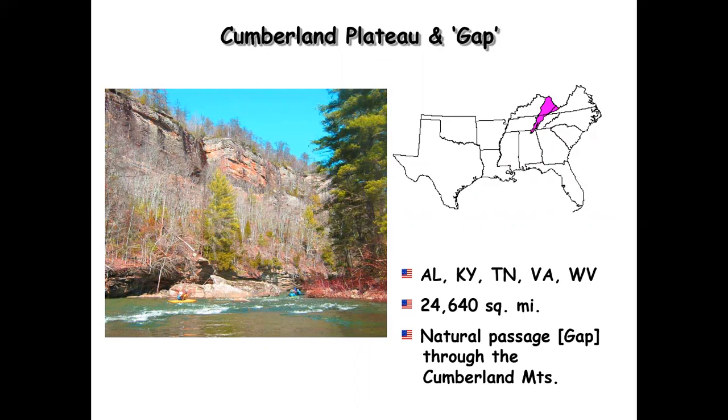Part of West Virginia. It is a natural passage through the Cumberland Mountains. This would be what Daniel Boone would lead settlers through in the 1700s, the first white people to go west through the Appalachian Mountains.